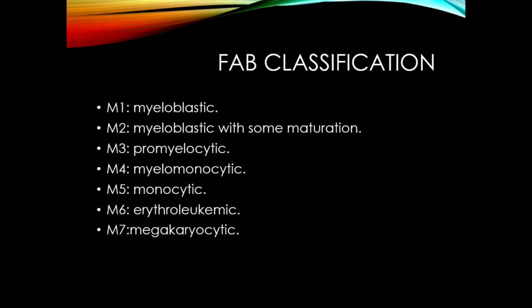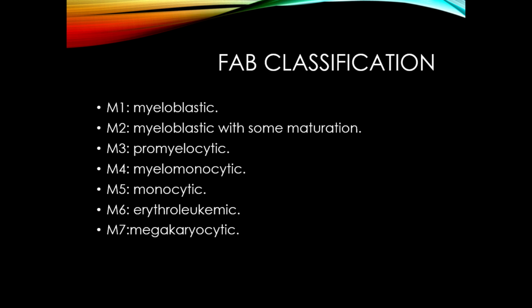In the FAB classification of this type of leukemia, there are 7 stages, but I would like to mention a few words about the M3, which is the promyelocytic type, which is associated with activation of the clotting process resulting in DIC or disseminated intravascular coagulation.